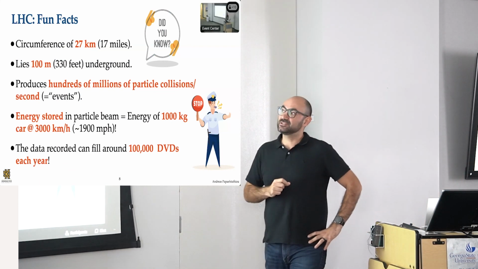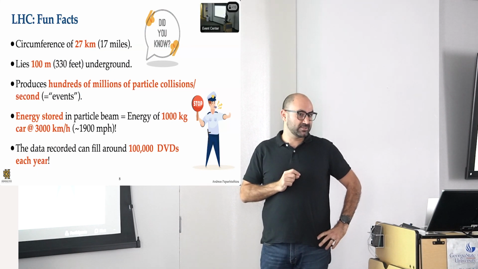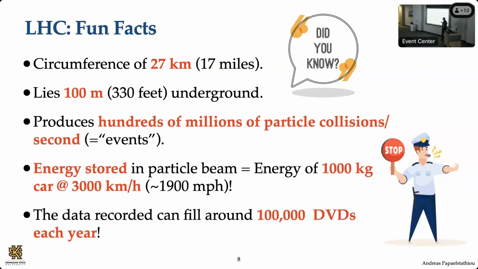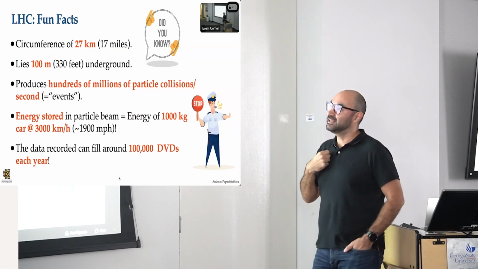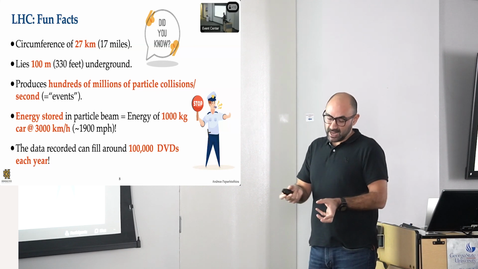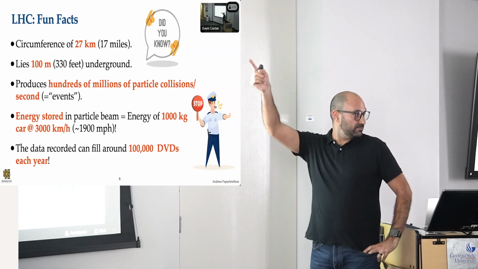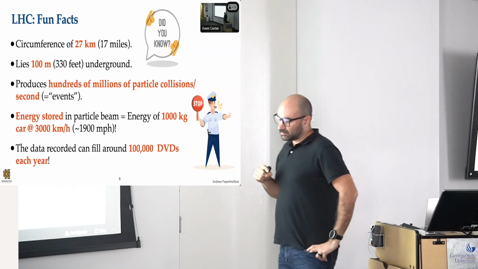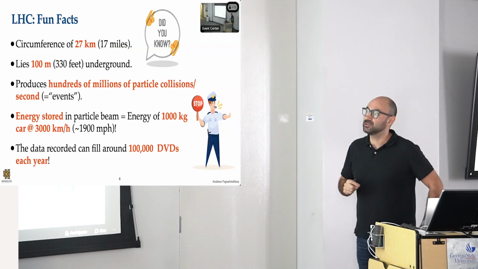So it has a circumference of 27 kilometers, and I also try to be inclusive with units, so I apologize for the miles and feet, but I think maybe I don't have a good feel for miles, maybe for miles I do, but for feet not really. So this tunnel that I showed you is 100 meters underground to shield it from radiation that comes from outside, cosmic radiation, for example.